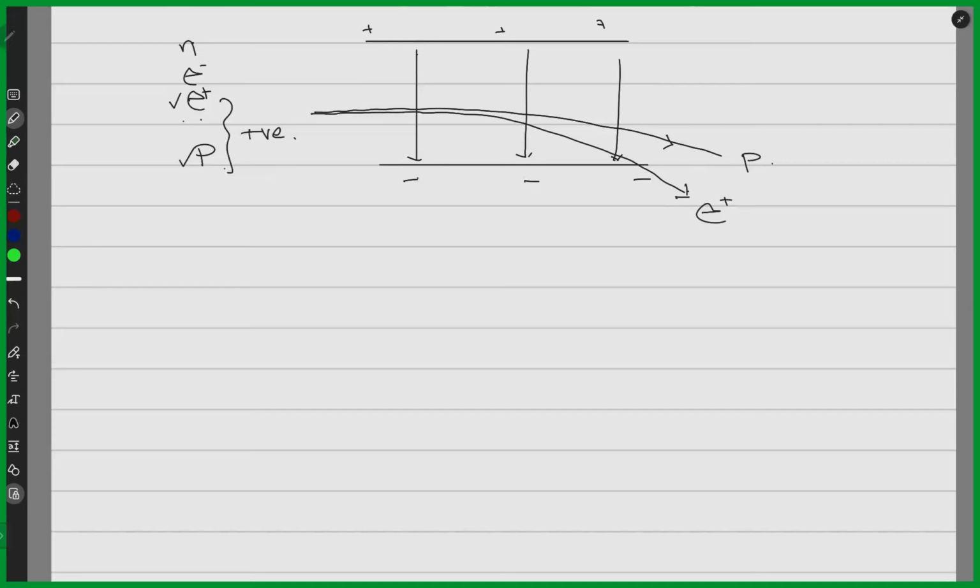So the positron will be deflected more compared to the proton, because the proton is heavier. It will be very difficult to change the inertia of the proton compared to the inertia carried by the positron. So is that clear?